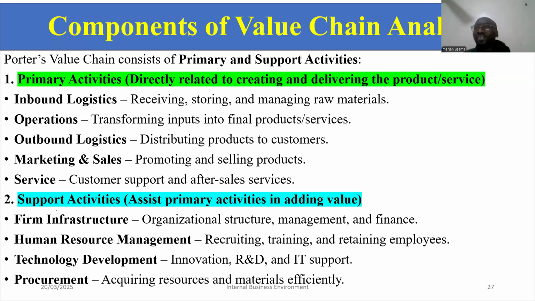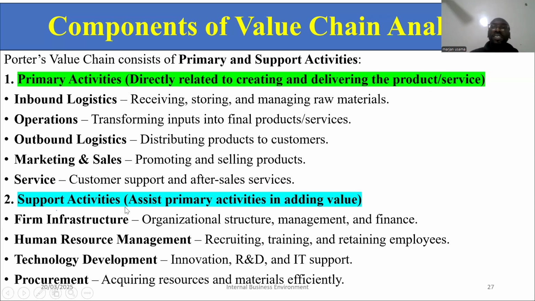Cutting the tomatoes and all, those are primary activities. In a school, for example, what are the primary activities? Teaching, learning, teacher training. If you go to any company, any organization, you'll always find there is something that is primary. They are directly related to creating and delivering the product and service.